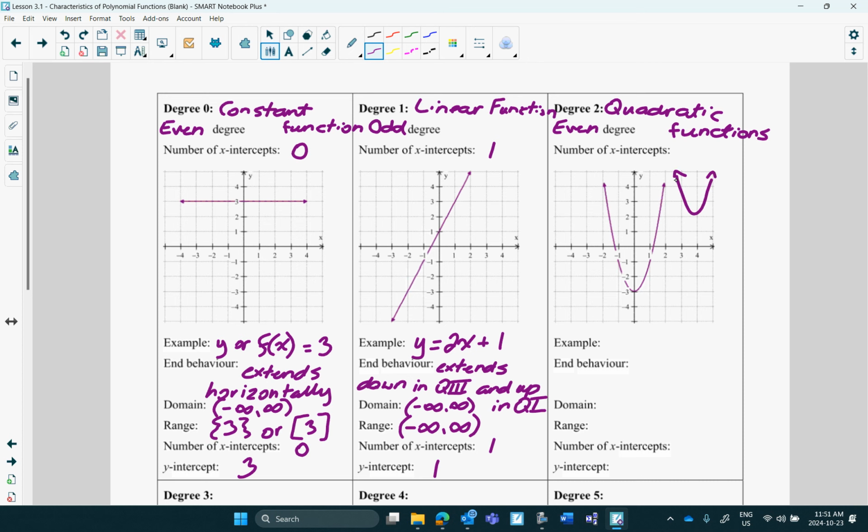Could I draw one that has 1? Where would its vertex be? 0, 0. Well, it could be 0, 0, yeah. On the x-axis. Yeah, so like that. Could be right side up, upside down. For this one here, which has 2. So that means we could have 0, 1, or 2.